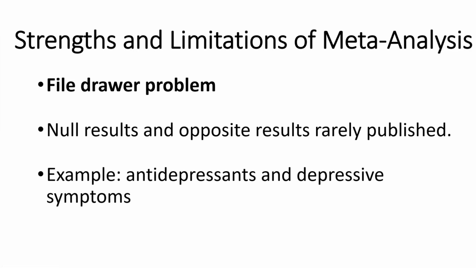And this is the idea that a meta-analysis could overestimate the true effect sizes because null effects or even opposite effects, so studies that would have found that there's no difference between lying and telling the truth, or studies that showed that people who were telling the truth took longer to respond, those studies don't necessarily get published and therefore aren't necessarily included in the analysis.